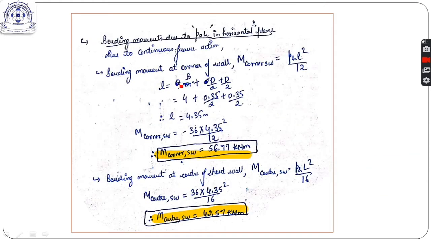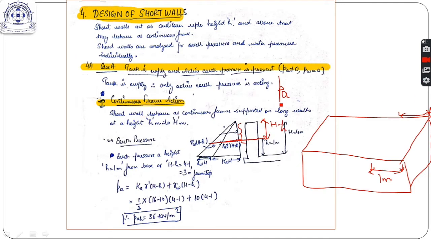Now, what is happening as there is a continuous frame action acting on the short wall, I will show you. If this is the plan of the short wall and these are the loads acting on it, this is the load due to the earth pressure. This is the inner face, this is the outer face.